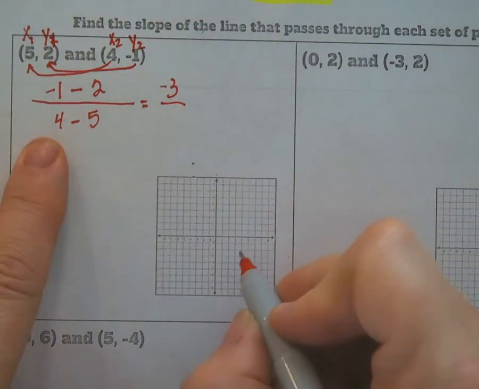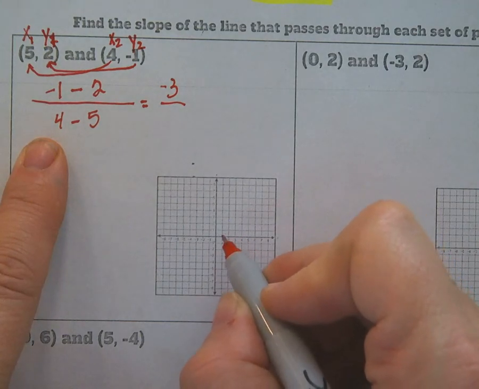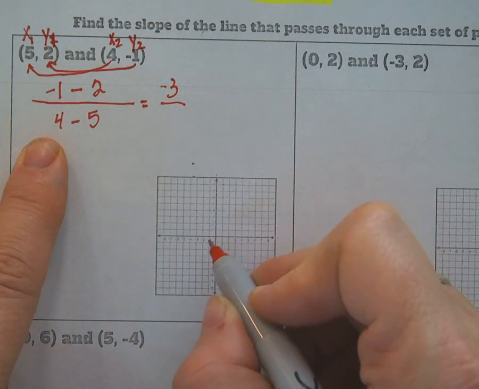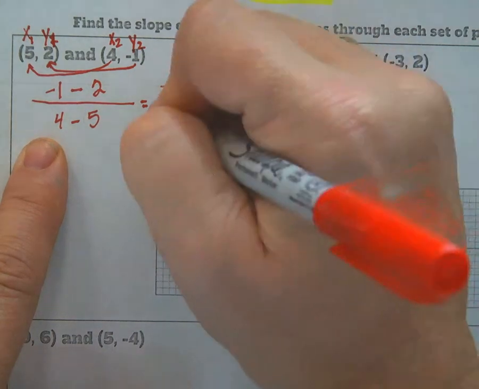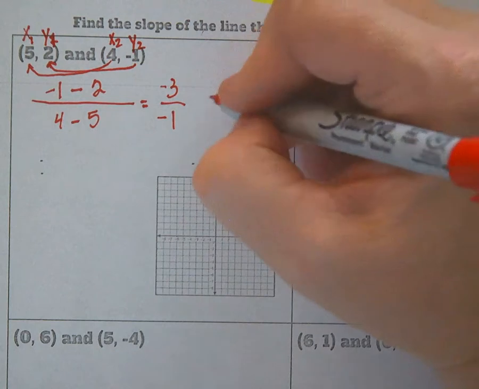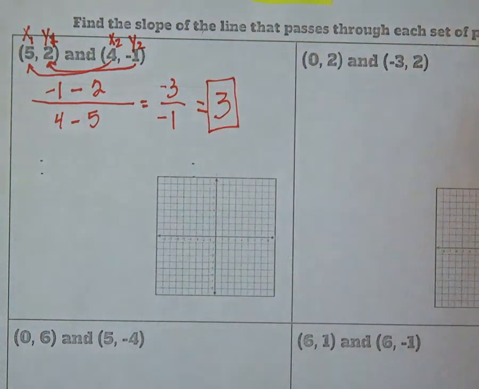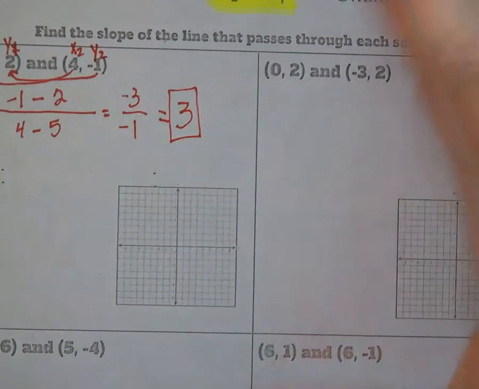Now you are at +4 and we have to subtract 5. So where are we going to land? -1. What happens when you divide a negative by a negative? It cancels out and we get +3.